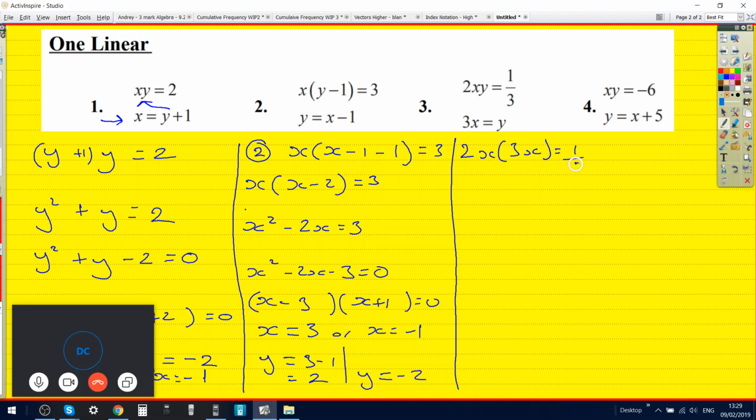So we can multiply that out to get 6x squared equals 1/3.